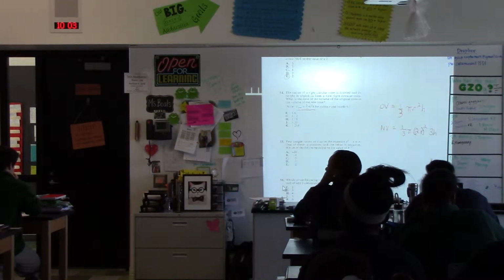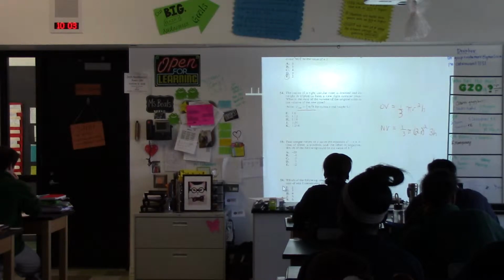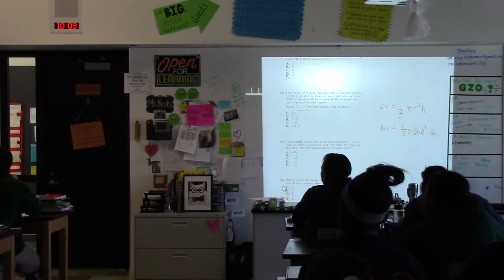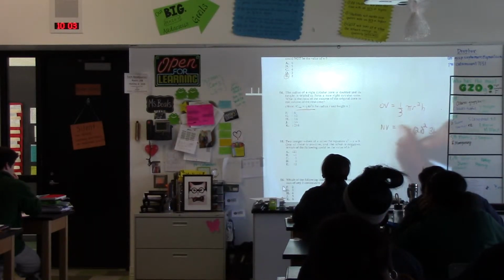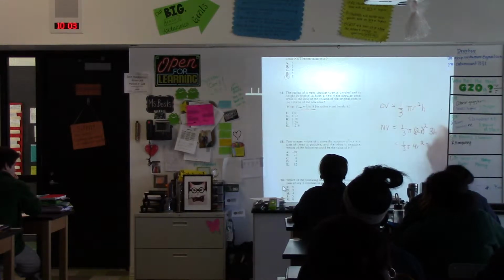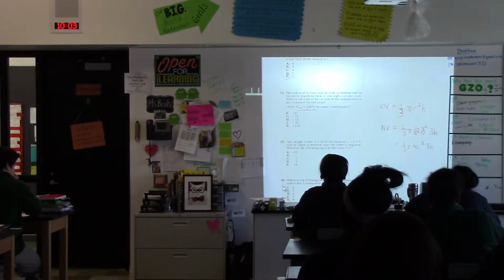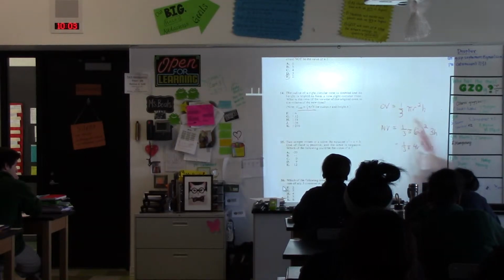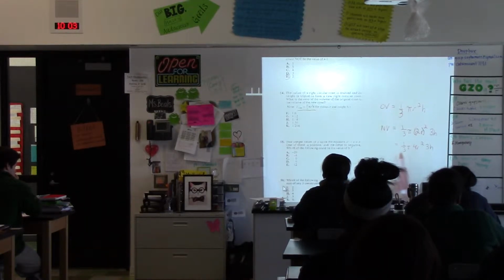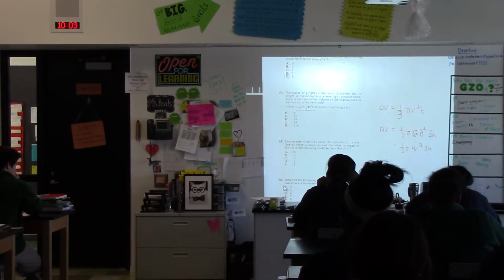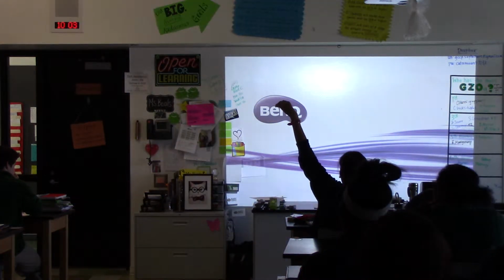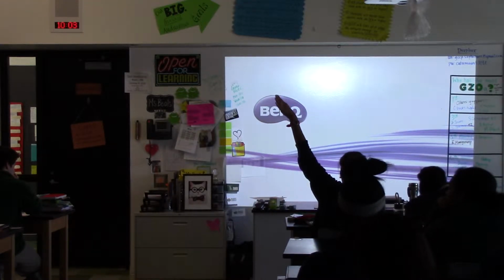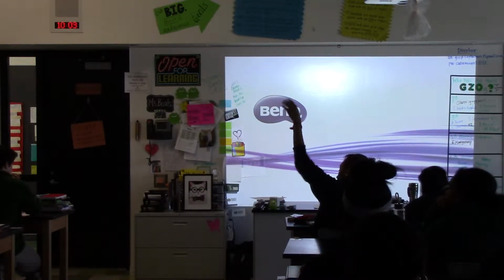Jaren? 4r what? Yes, 4r squared. So if we go from this old volume to the new volume, what two numbers have we now introduced to the problem? What two numbers are there that were not in the first one? Anna? 4 and 3.